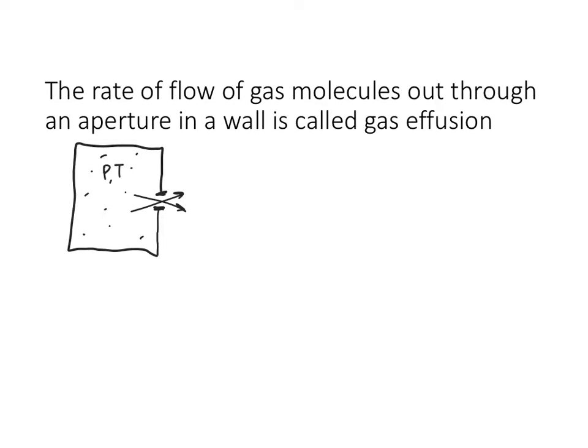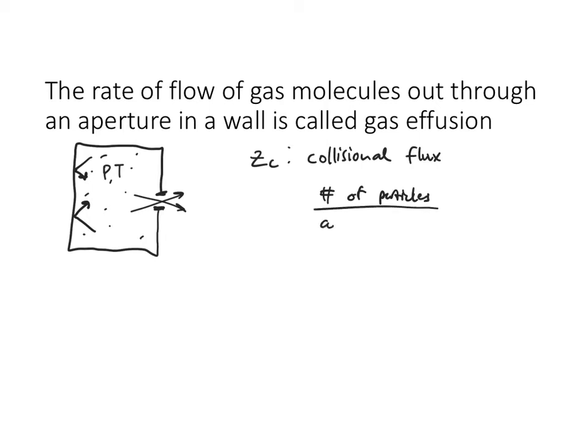So in order to calculate this, we first need to calculate a quantity, ZC, which is known as the collisional flux. What this represents is how many particles are hitting the wall, an area of the wall. It's the number of particles per area per time that are hitting the walls of the container.